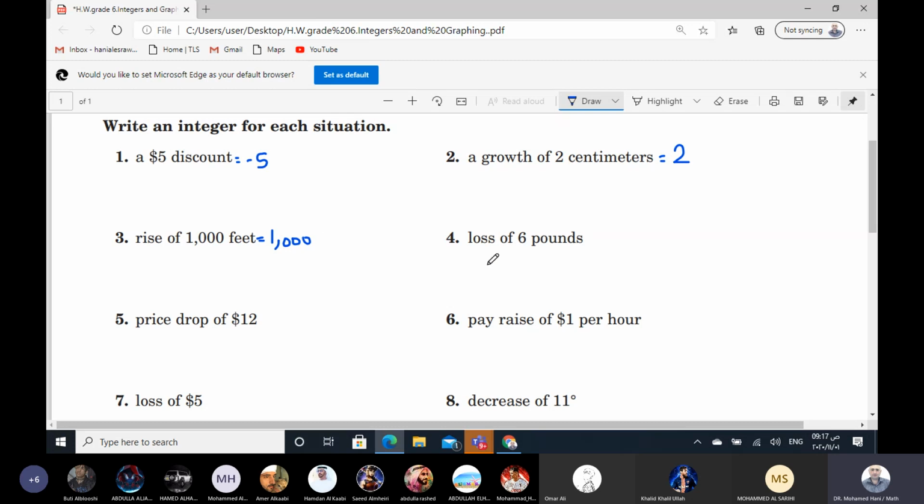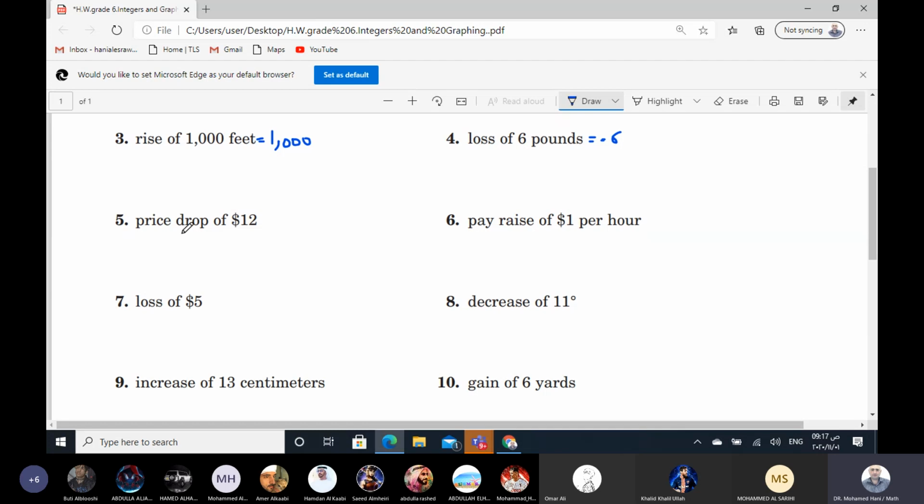Number 4, loss of 6 pounds. Negative, -6. Excellent. So here minus 6. Price drop, price drop of $12. Negative, so we have minus 12. Excellent. Fine. Pay rise of $1 per hour.